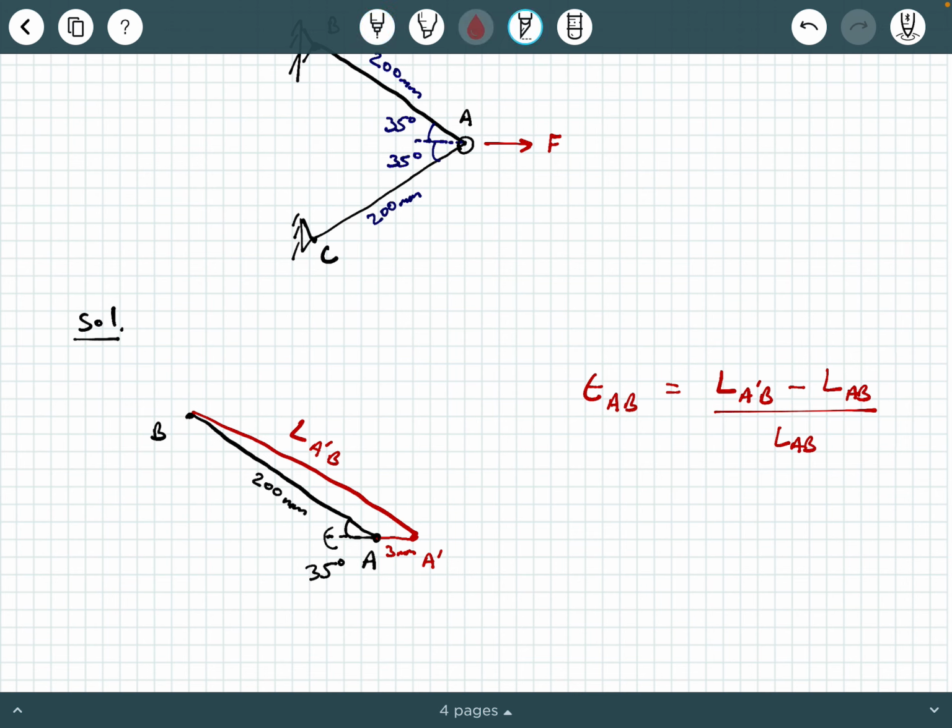Now, do we know the length of AB? Absolutely. The length of AB is the 200 millimeters. So what we really need is the length of A prime B. That's what we're getting right here.